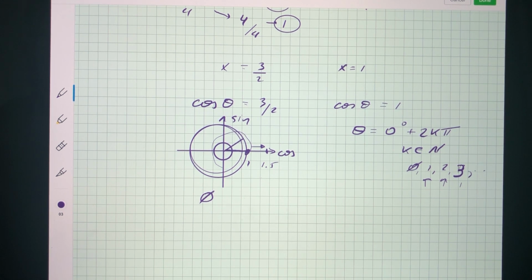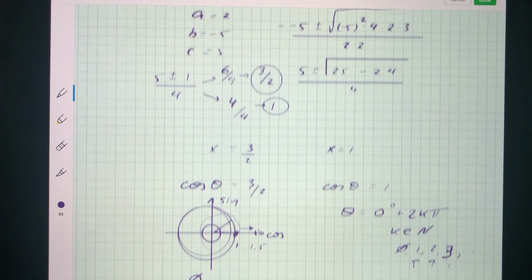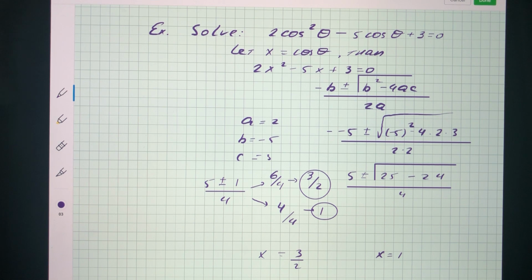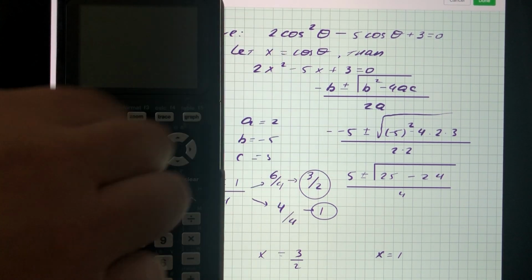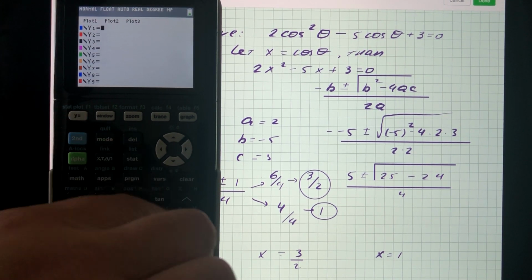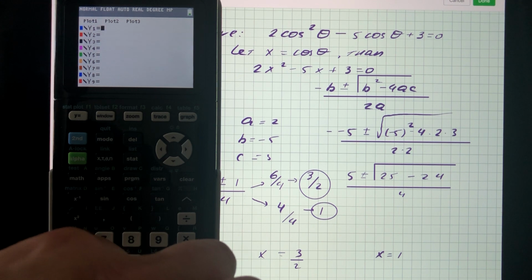One more thing that we can also do is check the answer with the calculator. So before we close, let's do that also. So here's the calculator, and if we type in this equation just the way it is, our picture should confirm or disprove our answer. So let's put in 2.